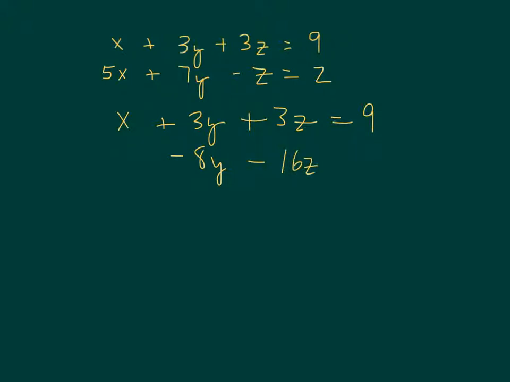And -5 times 9 makes -45, plus the 2 makes -43.